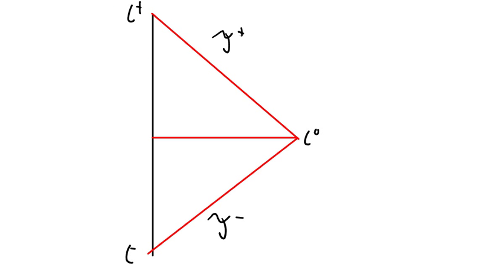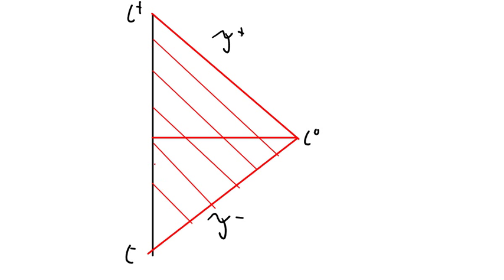So I can just draw the congruence of light rays as well, maybe a bit clearer with a thinner pen. Okay, so these are light rays which have all a slope of 45 degrees.